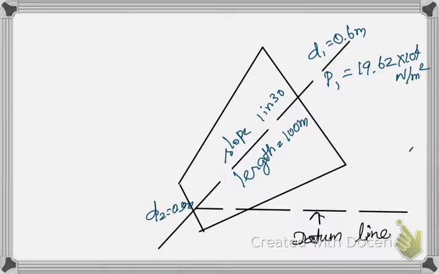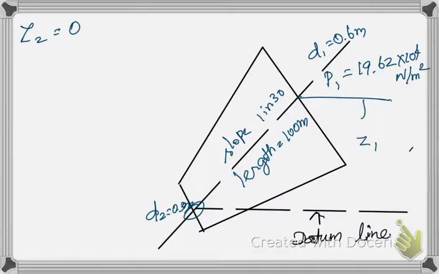Now we assume that the datum line is passing through the center of the lower end. If this is the case, then my Z2 will be equal to 0, because the datum line is meeting the center of the lower end, so I can keep it 0. Then I will have a Z1.